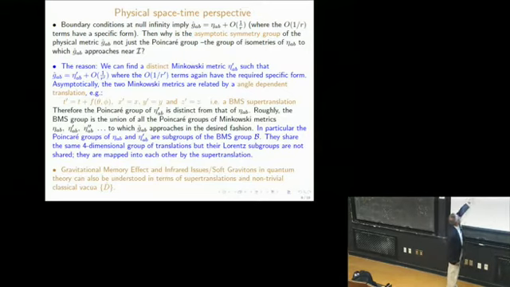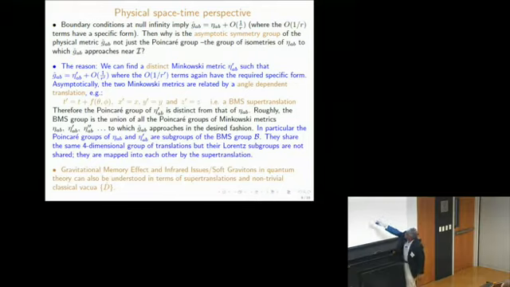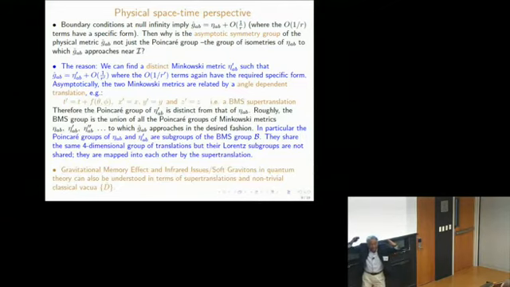Asymptotically, the two Minkowski metrics eta AB and eta prime AB will differ by an angle-dependent translation. That is to say, T prime will be equal to T plus some function of theta and phi. In this example, X, Y and Z don't change. If I look at what this transformation does to Scri, it is precisely a supertranslation. So this is an example of a supertranslation.